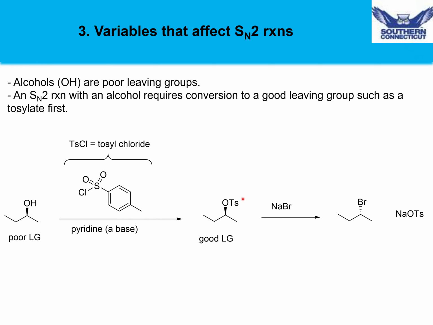That is a much better leaving group as we saw on a previous slide. So the bromide, if we wanted to use that as a nucleophile, could attack this carbon and replace the tosylate group. And because this is an SN2 reaction, we would get inversion of stereochemistry as shown in the product here.